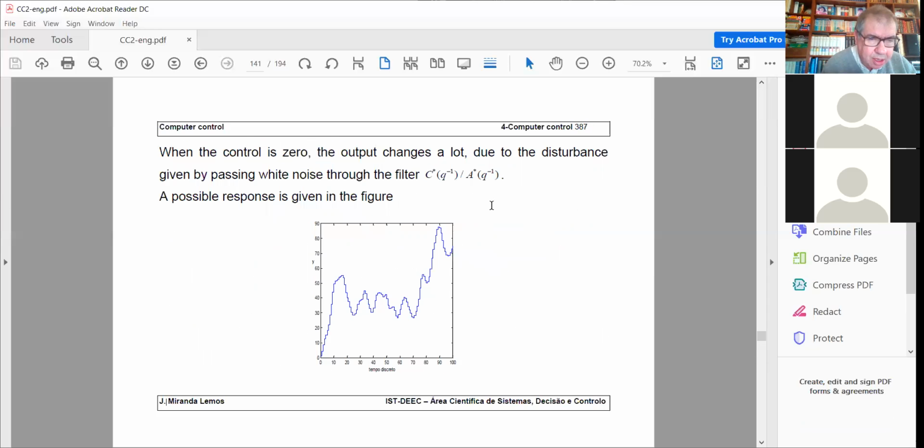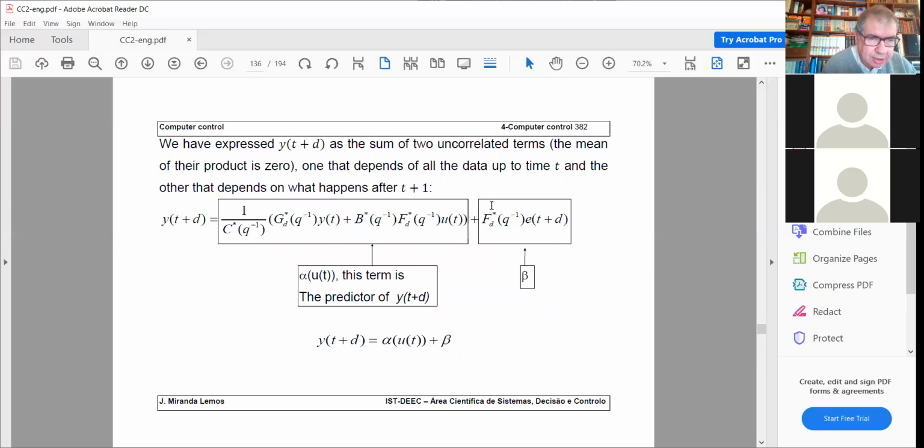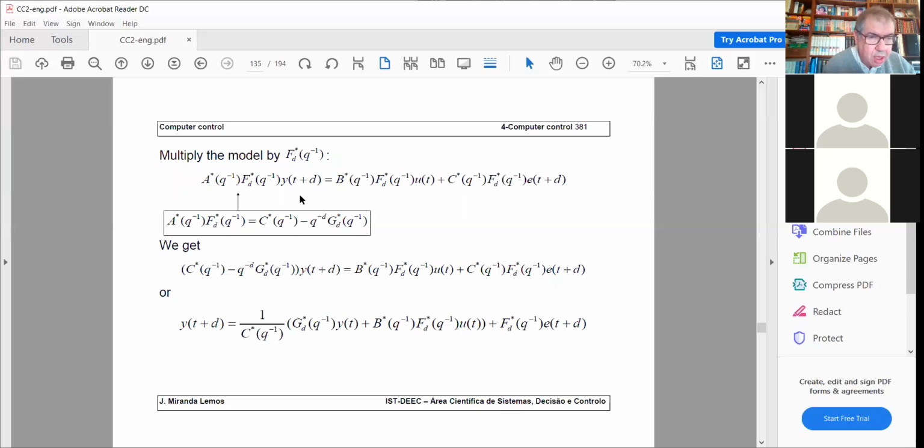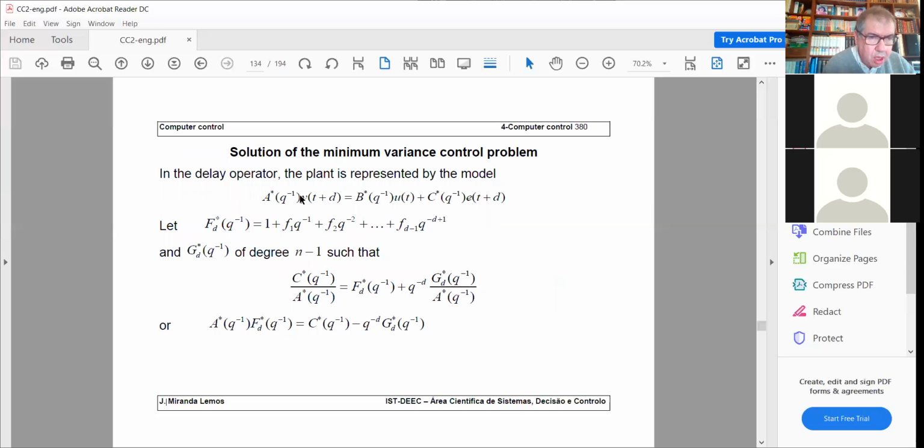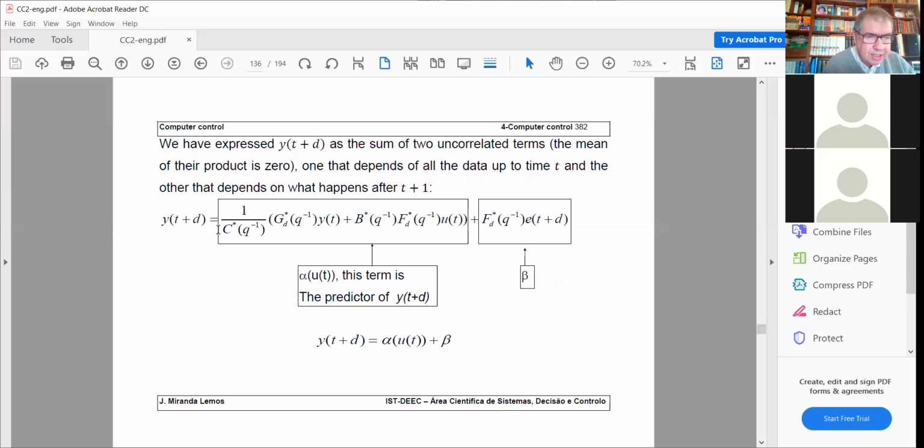So this formula here is nothing more. Let's go back to the beginning of the class. Suppose that C is 1, so cancel this out. Now d is 1, so y of t plus 1 is a linear combination of past values of y.